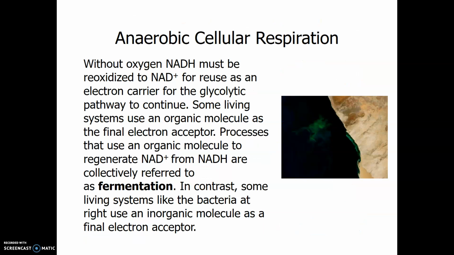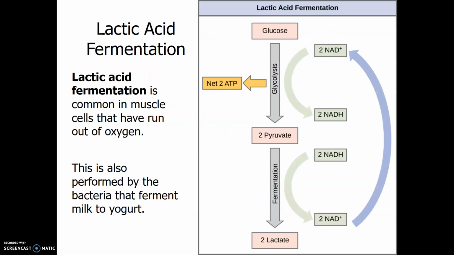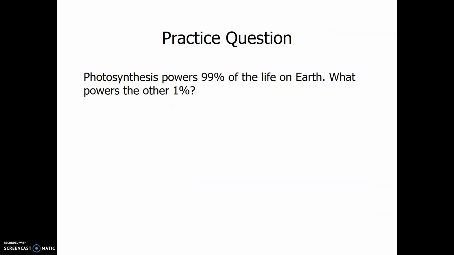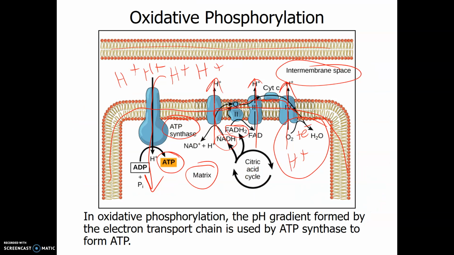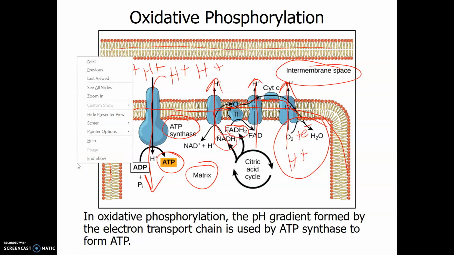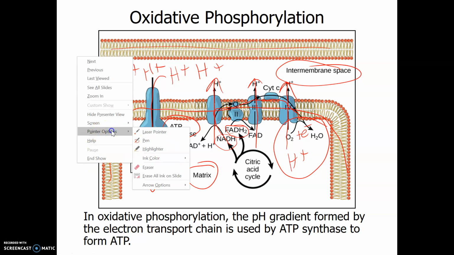Now, in addition to aerobic cellular respiration, which involves oxygen, there's also anaerobic cellular respiration. Something that was not really explained to you at all, it appears to me, is how much ATP overall is produced.